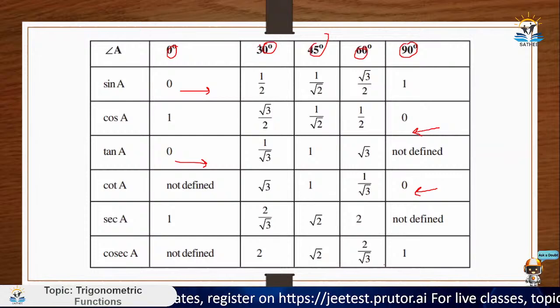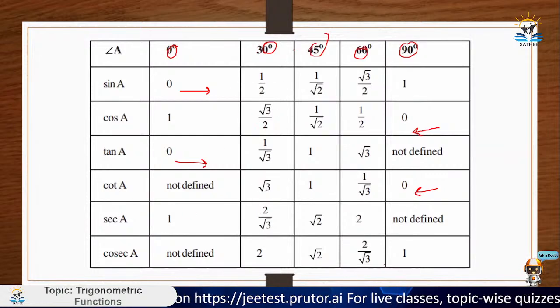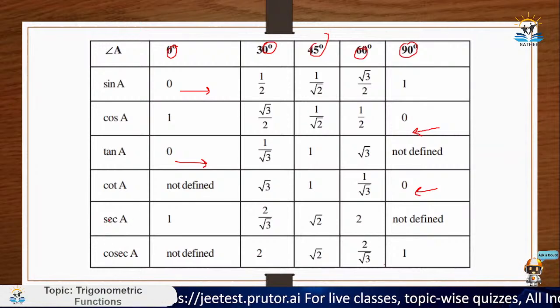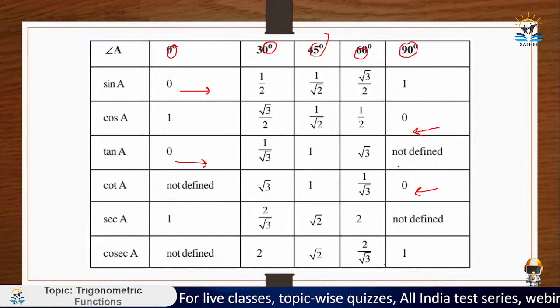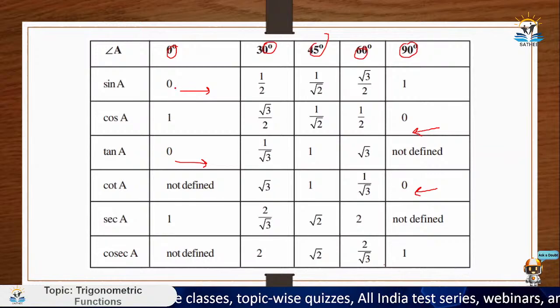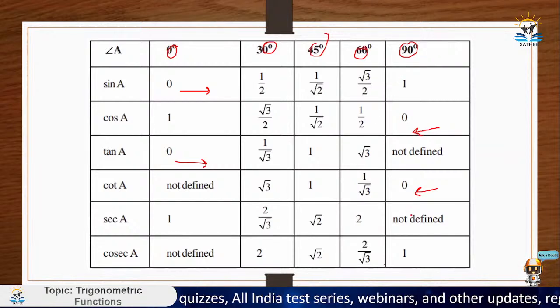For cos 30 you have root 3 by 2, for sec 30 you have 2 by root 3. For cos 45 you have 1 by root 2, for sec 45 you have root 2. For cos 60 you have 1 by 2, so reversing it we will get 2. For cos 90 it is 0, reversing it we will get a not defined value. Similarly for cosec: 1 upon 0 not defined, then 2, root 2, 2 by root 3, and 1. We are just reversing the value and nothing else.